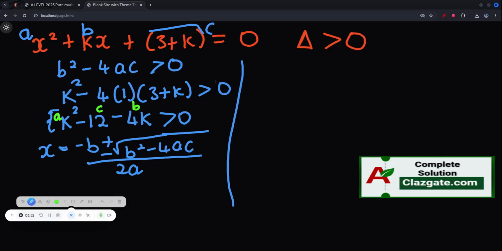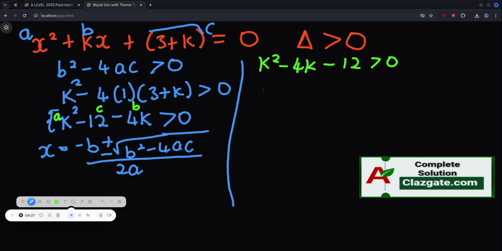Let me write it down so we'll see clearly. It will be k square minus 4k minus 12 is greater than 0.